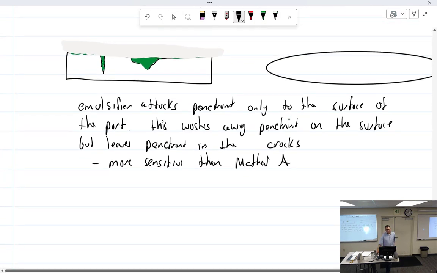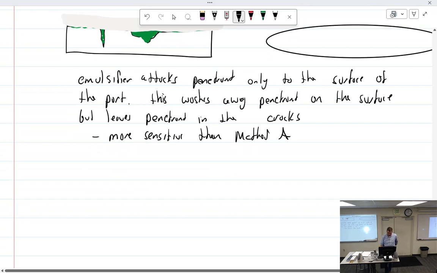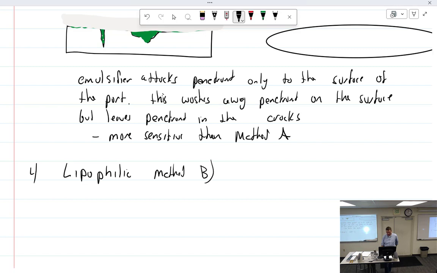There are two types. So we have lipophilic, which is method Bravo. The emulsifier is premixed.